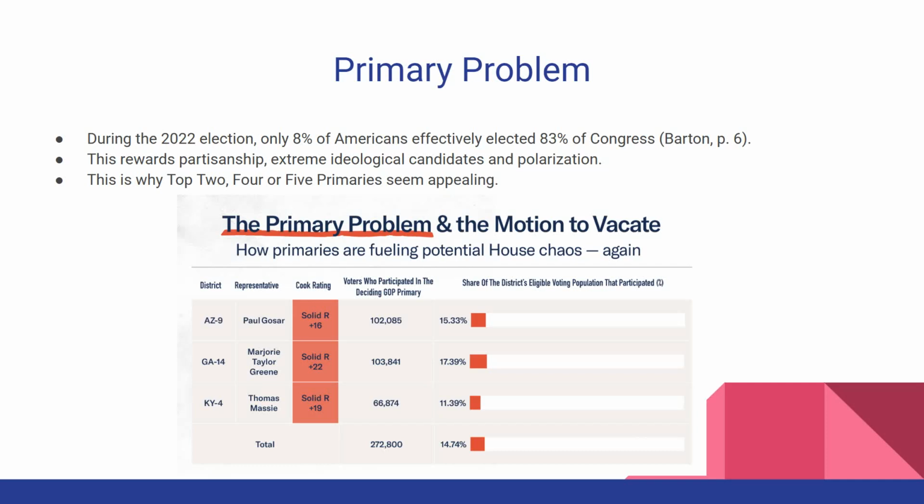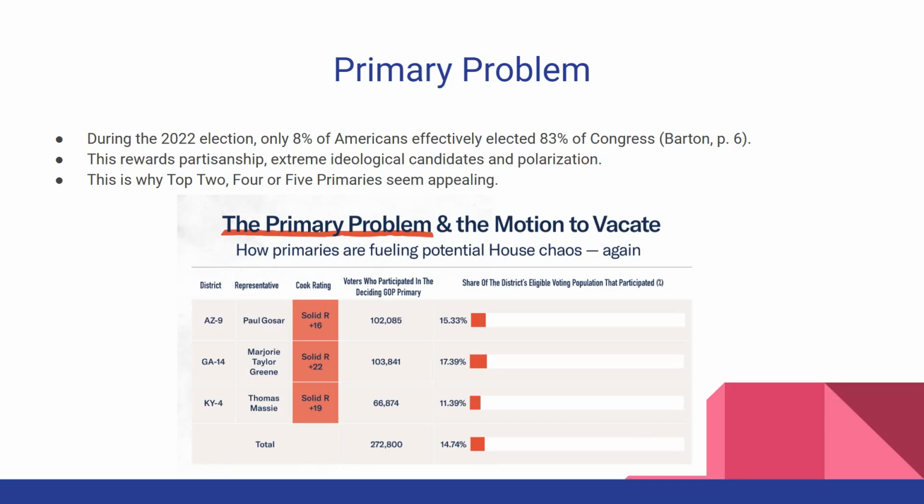But that really goes to show you that partisan primaries, where only a small number of the electorate votes in those primaries, which end up electing 83% of our Congress, is one of the reasons why many people advocate for top 2, 4, or 5 primaries. In part, to them it seems appealing and is the answer to a more representative, responsive, and accountable government.